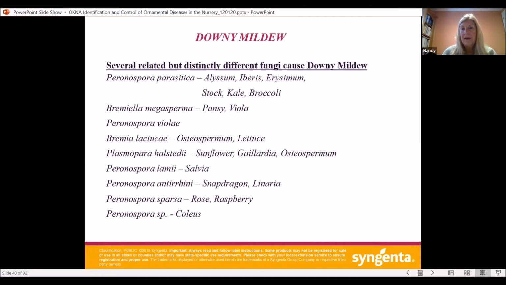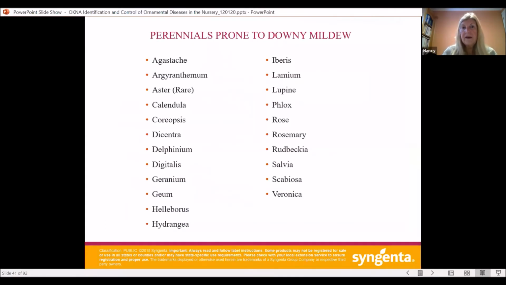So again, like powdery mildew, there are several fungal pathogens that will cause downy mildew, and you see them listed there, but they are fairly crop specific, staying within a family. But again, it's the environmental conditions that tie them all together. So here's your list of perennials that would be prone to downy mildew.